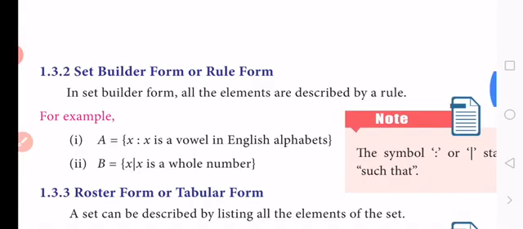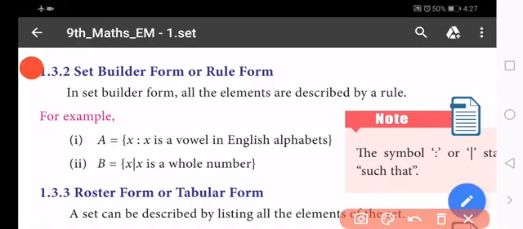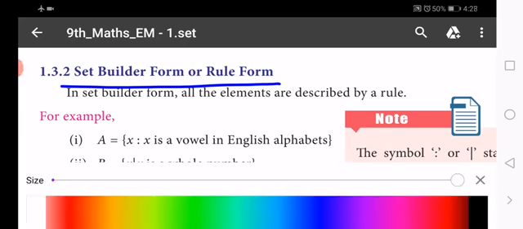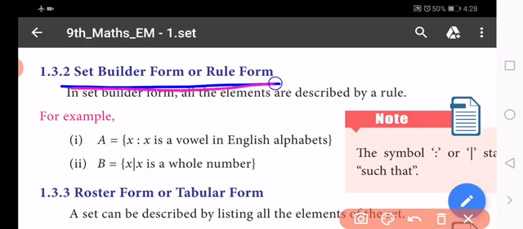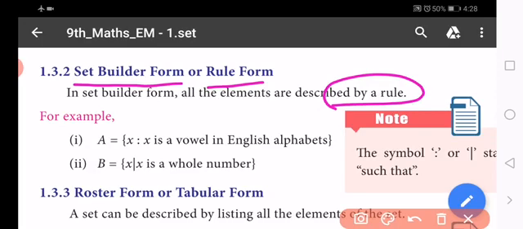We are going to discuss the second one. What is the second method? Set builder or rule form. In the set builder form, all the elements are described by a rule.